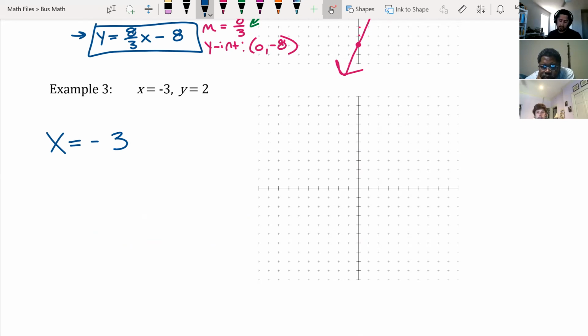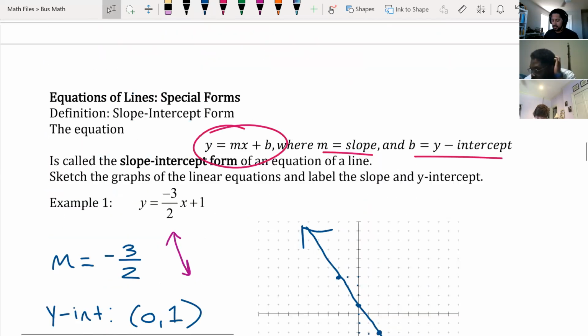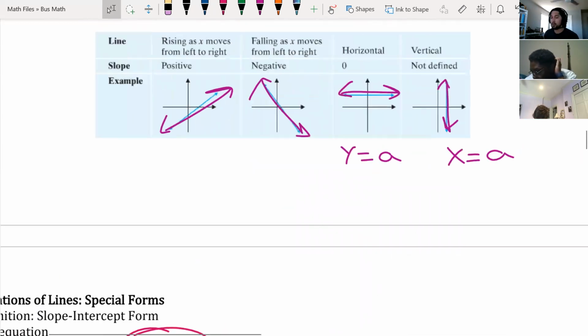X equals -3 is going to be vertical. So remember, x equals some number a gives me a vertical line. Y equals some number a gives me a horizontal line.